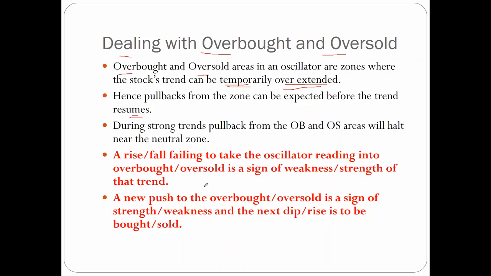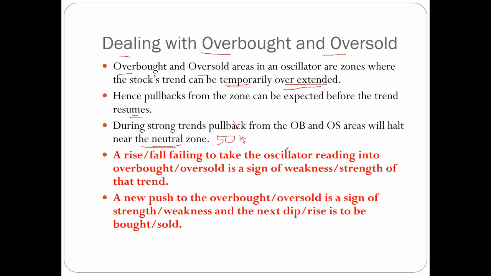So when the stock moves into an overbought or oversold area, we can presume that the trend is overextended now, and we can get a minor or healthy correction before the trend resumes again in the same direction. During a strong trend, on a pullback from overbought or oversold areas, the RSI will halt near the neutral zone. The neutral zone is the 50 zone, where bear power and bull power are equal.